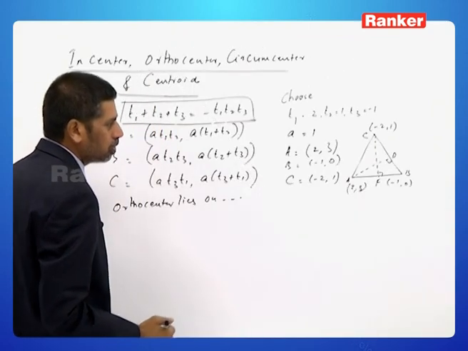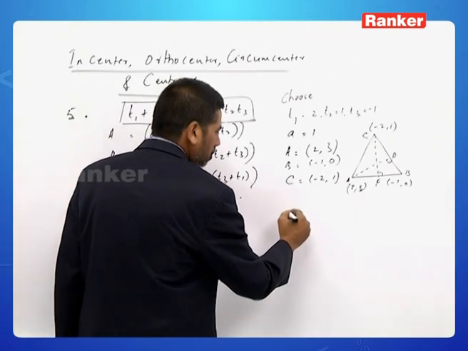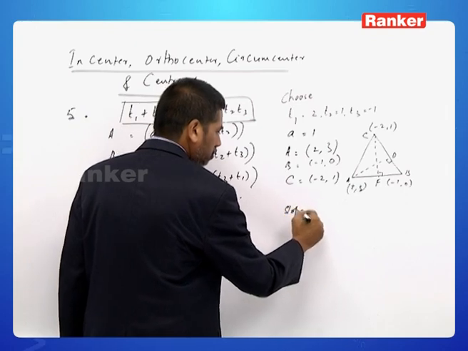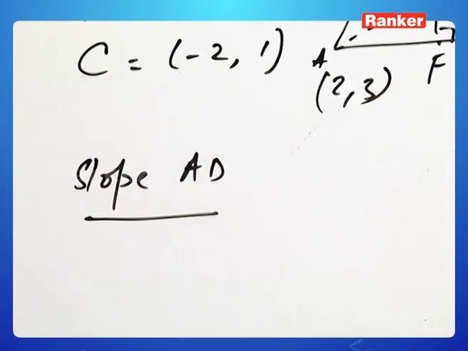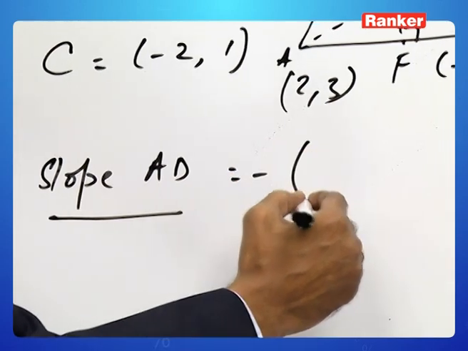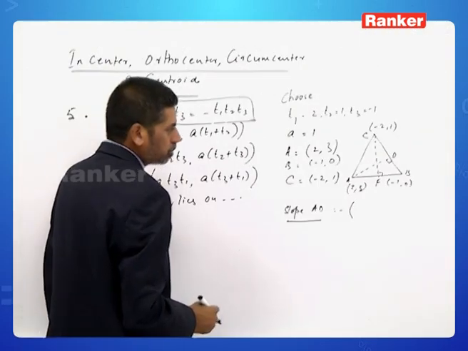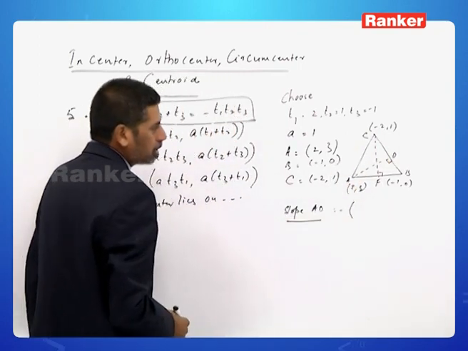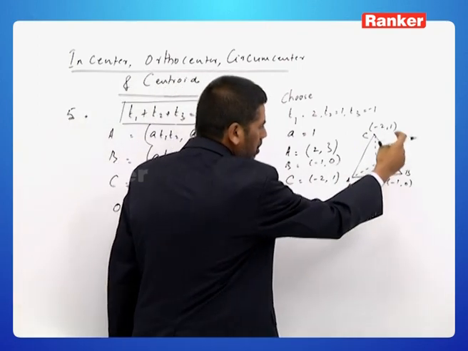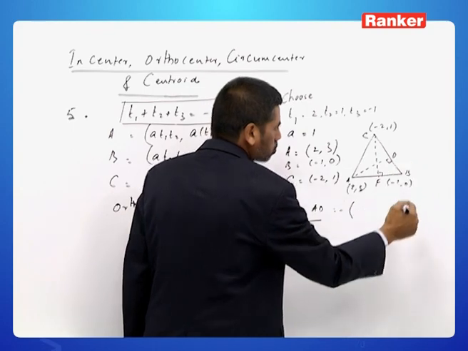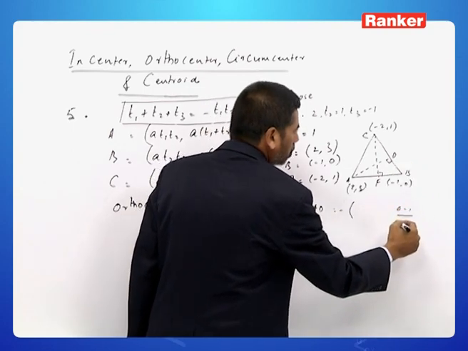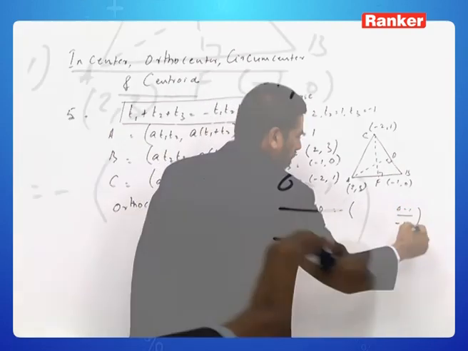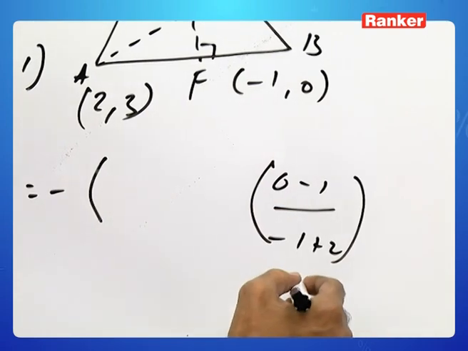Now, what is slope AD? Slope AD will be the negative reciprocal of the slope of BC. Now, the slope of BC is 0 minus 1 by minus 1 plus 2. So, that becomes minus 1.